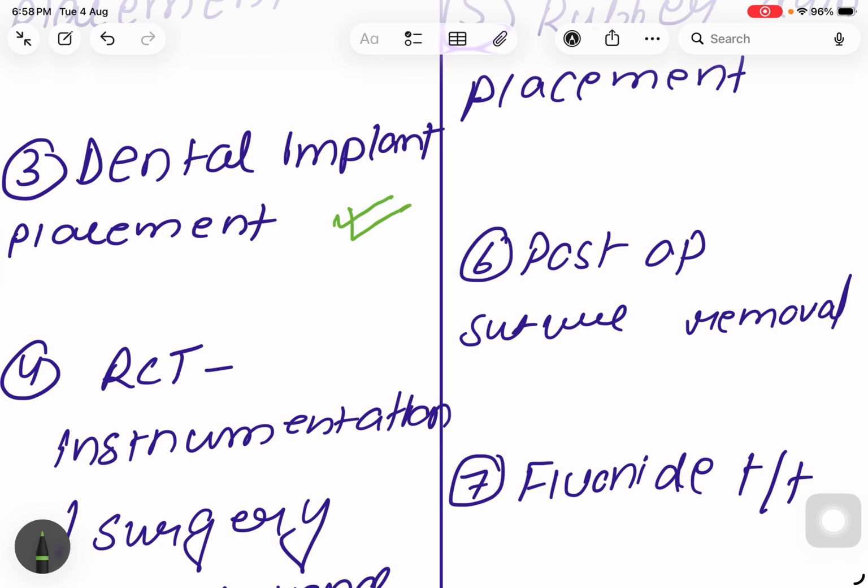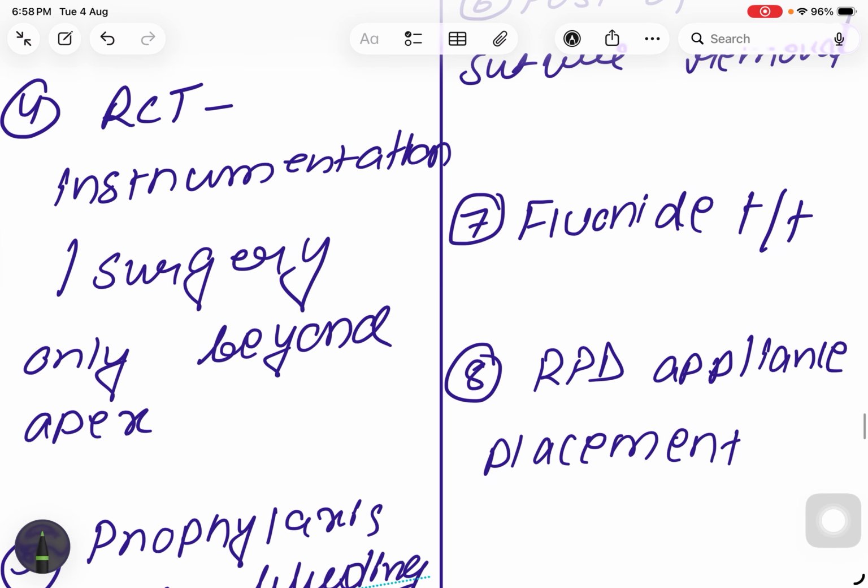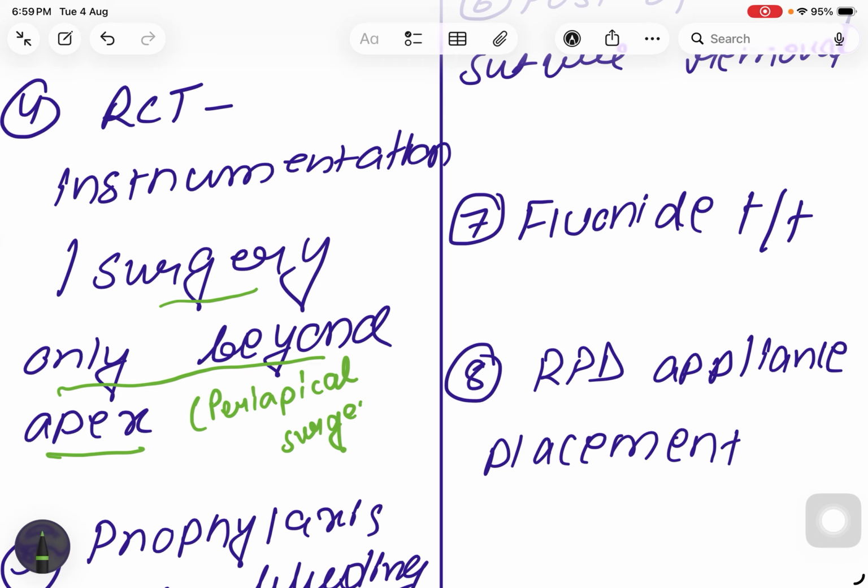And in RCT, not the intracanal preparation. In RCT, only beyond the apex, those surgeries, periapical surgeries, they have the higher chances of getting IE.